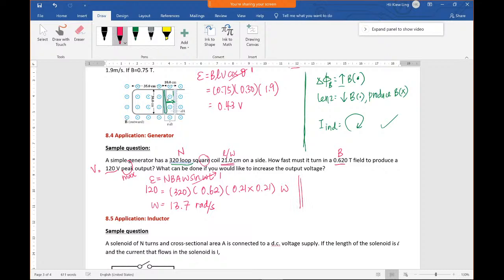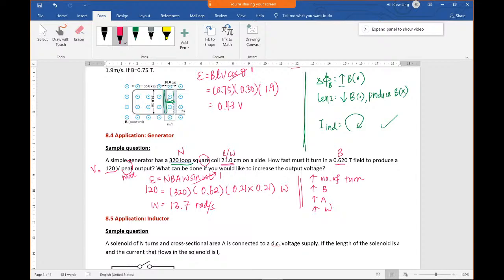So what can be done if you would like to increase the output voltage? You can increase the number of turns, you can increase the magnetic field, you can also increase the area of the coil, or increase your angular velocity.